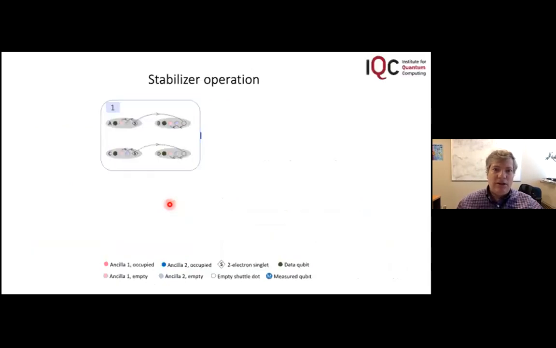Now, each cycle of the surface code is called a stabilizer operation. Let me briefly walk you through how it works in this architecture. We focus on a subset of 4 nodes. Singlets are loaded in nodes A and C to begin with. Entangled spins are then shuttled to nodes B and D, where they're stored as ancilla qubits.